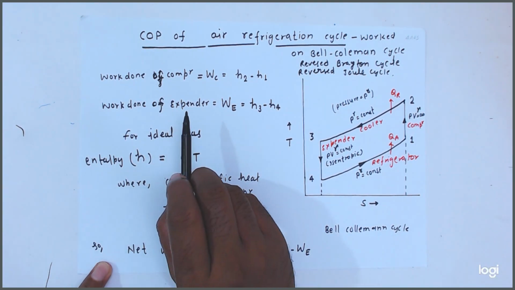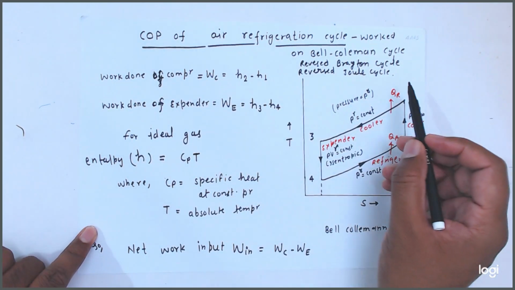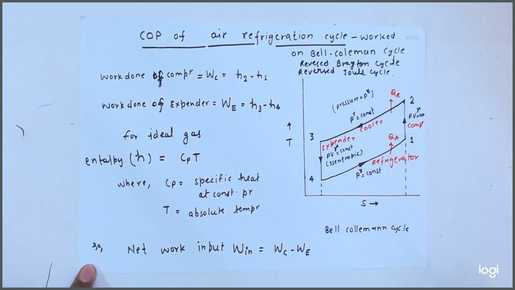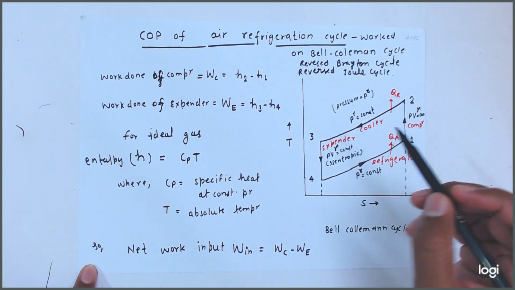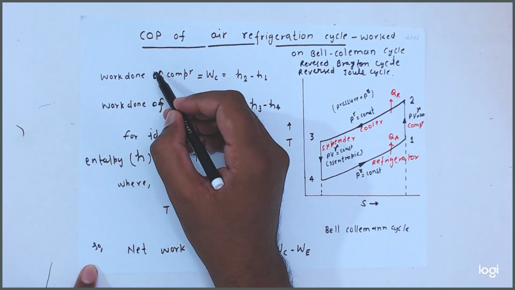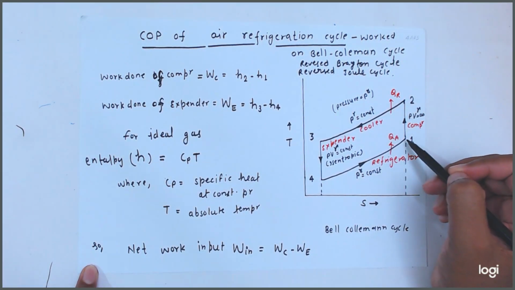Now friends, we have to find the coefficient of performance of this cycle. We know that the work done of the compressor is enthalpy at point 2 minus enthalpy at point 1.